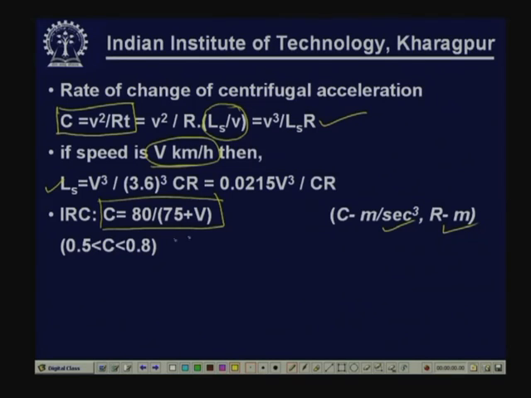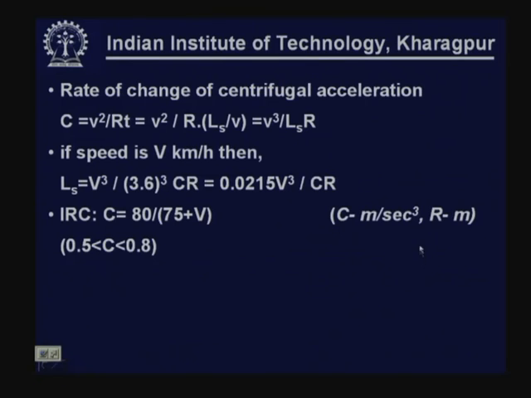And IRC also recommends that the C value should be between 0.5 to 0.8. So, use this empirical formula, check this limit, and take the acceptable value of C, and accordingly calculate the length of the curve. So, this is based on the first criterion.